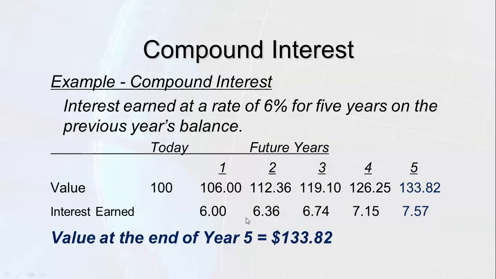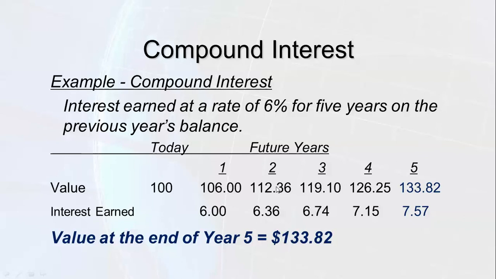At the end of the first year, you have $106. Now in compounding interest, this $106 is going to earn interest. So $106 with 6% is going to make $6.36 interest.